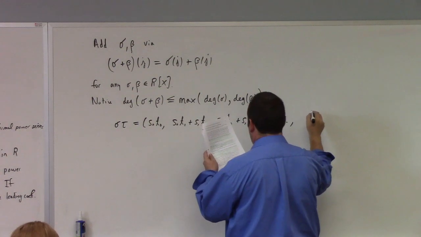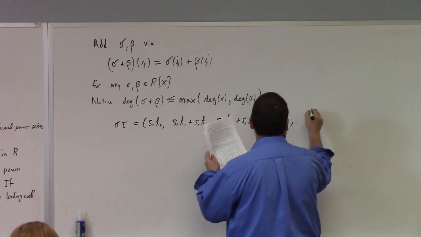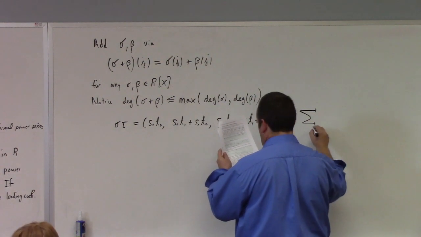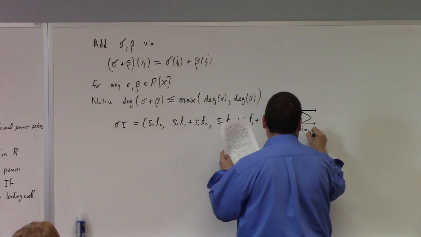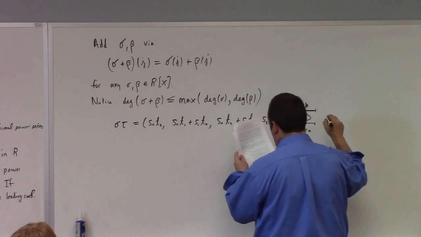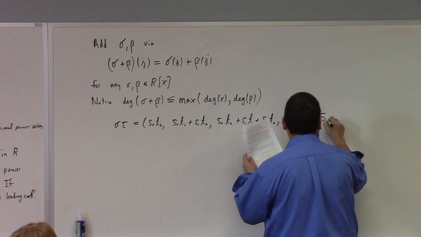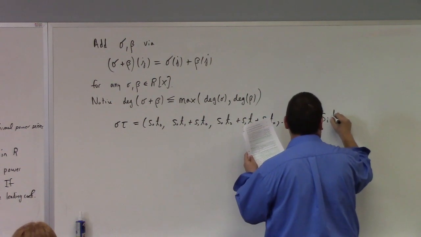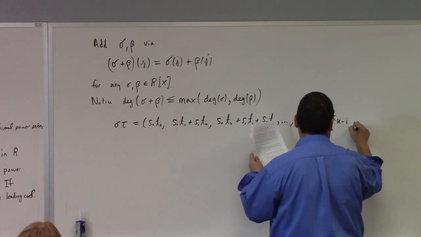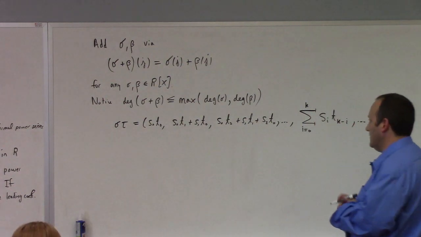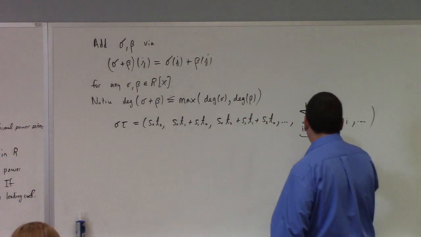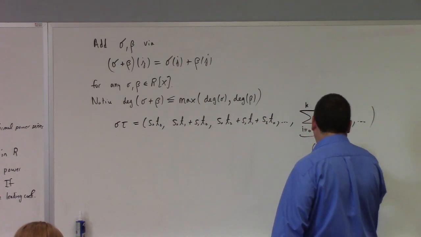Eventually, the kth one is the sum, i equals 0 to k, of S sub i T sub k minus i. So this is the kth coefficient of sigma tau.